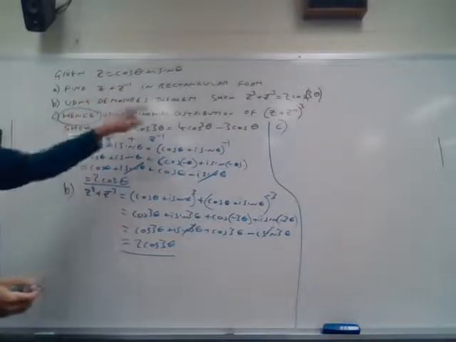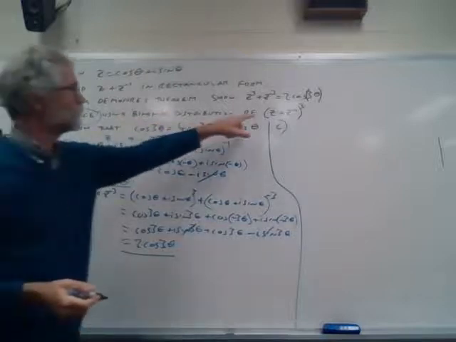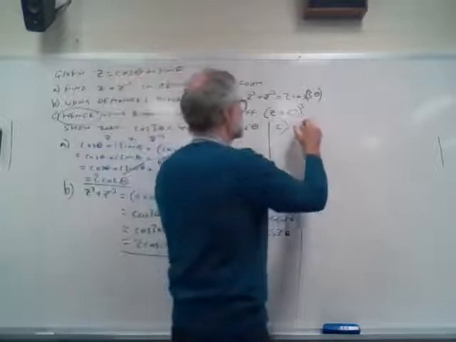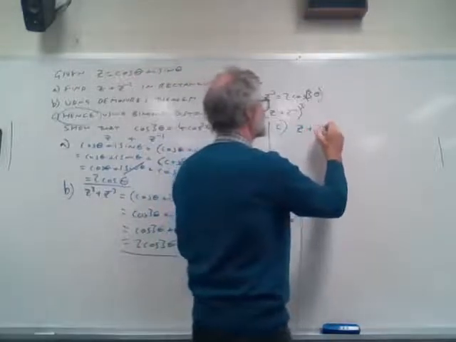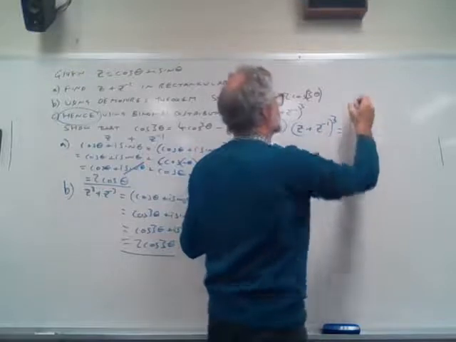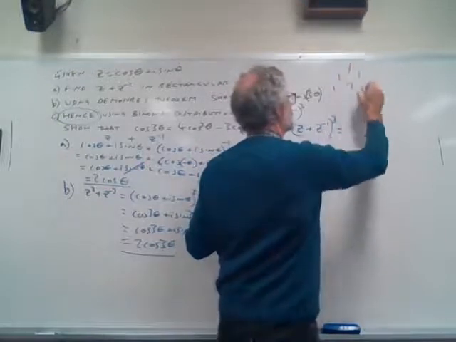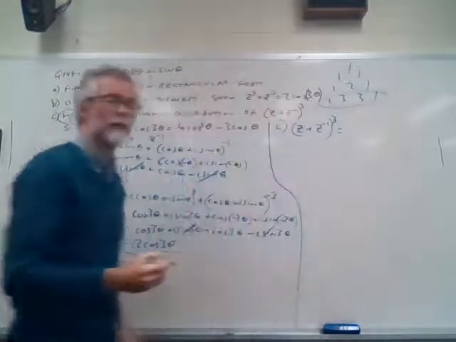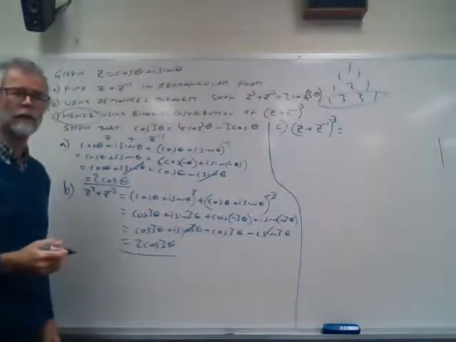Right, using the binomial distribution of that. Well, we'll do a binomial distribution of that then. Here we go. z to the power of negative 1, all cubed. For binomial distribution power 3, we get the coefficients 1, 3, 3, and 1.